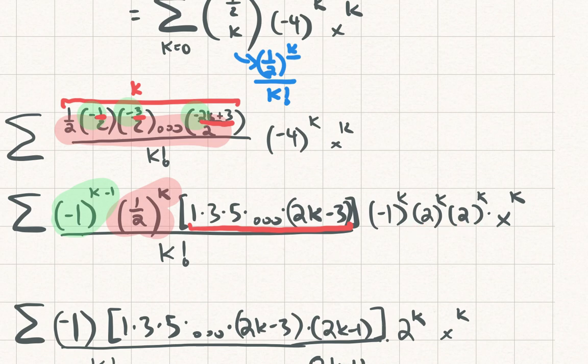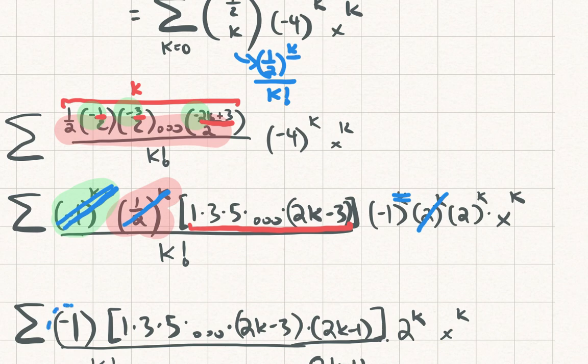And I'm going to cancel off one of these 2 to the k's with this a half to the k, or a 2 to the minus k. And I'm going to cancel off these k minus 1 negative 1s with all but one negative 1 here. So there's one negative 1 left over.